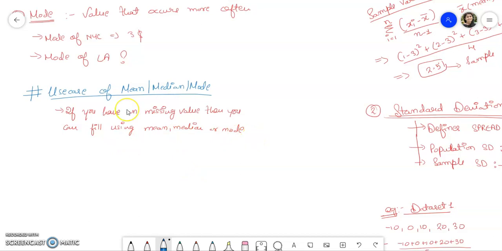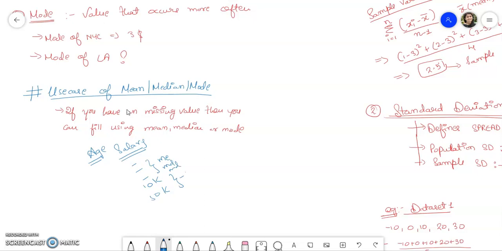For example, if you have the age of a person, or the salary, or some variable, and you have some missing data, and you have the information about the other data like 10k, 15k, then you can replace these missing values either with mean, or with median, or with the mode based on the requirement.